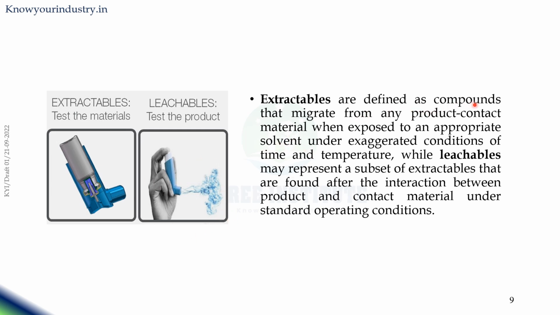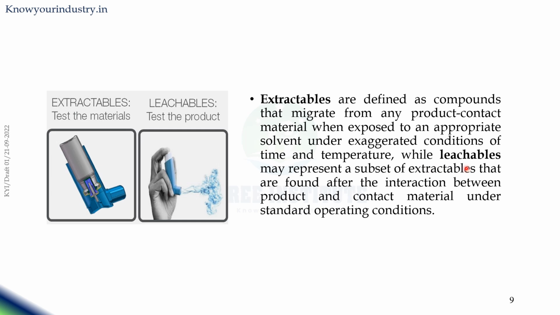Extractables are defined as compounds that migrate from any product contact material when exposed to an appropriate solvent under exaggerated condition of time and temperature. So basically you are testing the packaging material at exaggerated condition of time and temperature and identifying the impurities formed from the packaging materials or the manufacturing parts. So those are all called extractables.